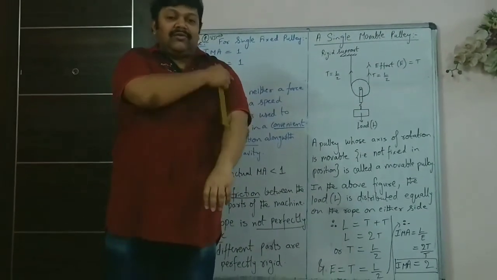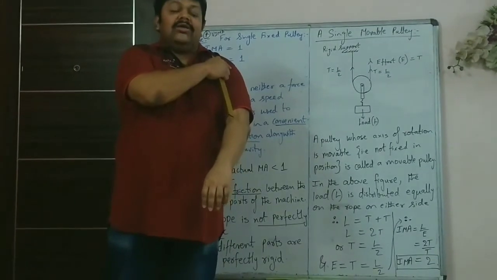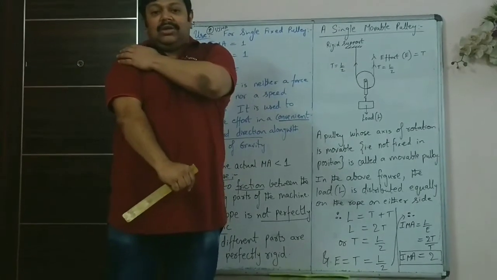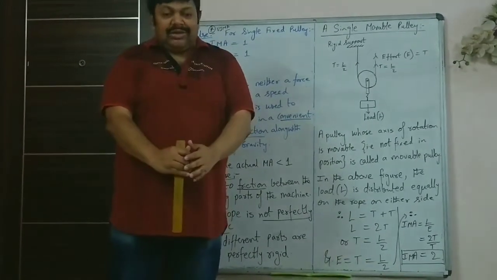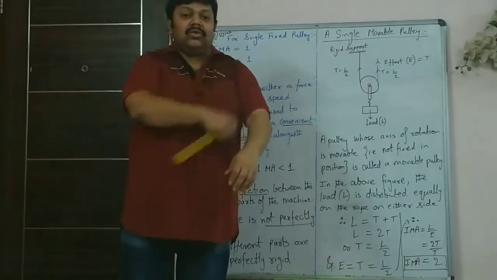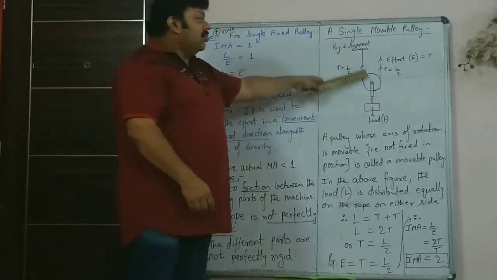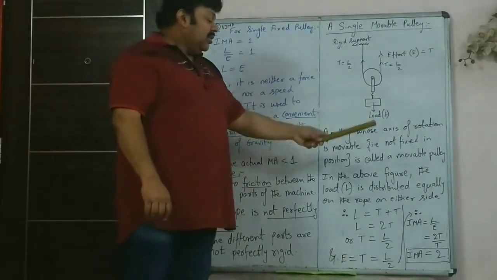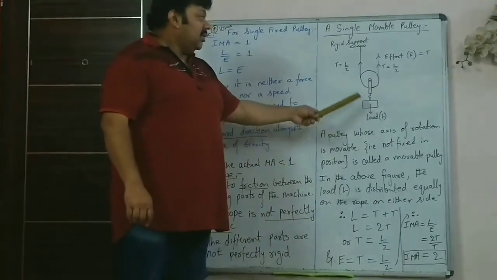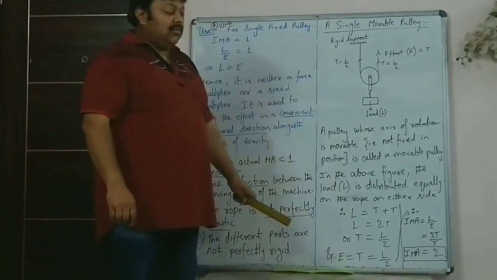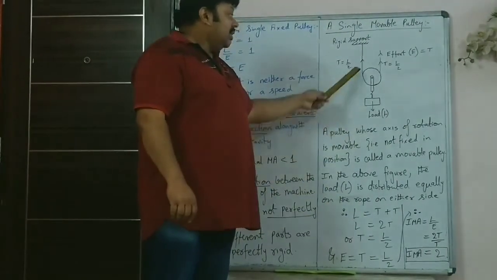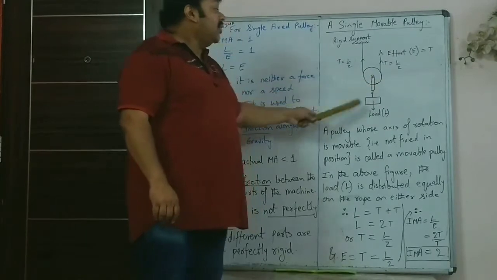So the effort applied by this hand will be 5 kgf, and the effort applied by this hand will be 5 kgf. So that load gets divided into the two ropes, this fixed rope and this rope on which the effort is being applied. Because the load is distributed equally on both the ropes, you can say that the tension is half the load.